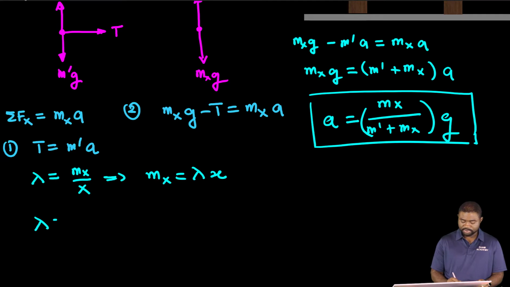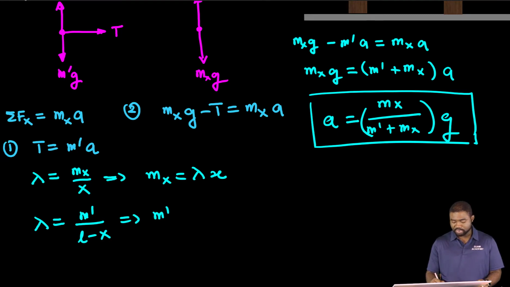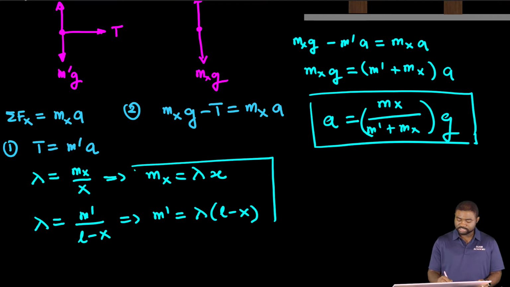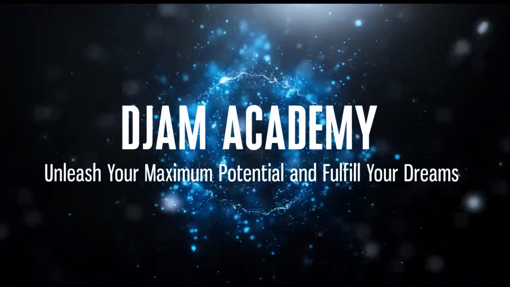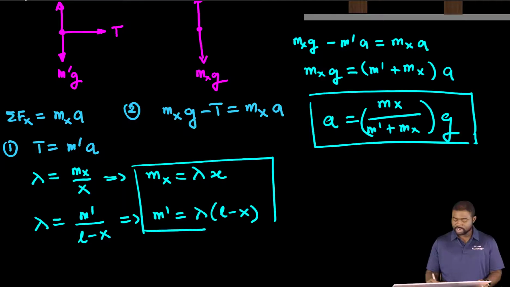Similarly, lambda will be equal to M prime divided by L minus x, which means that M prime is equal to lambda bracket L minus x. So these are the masses of the various portions of the chain.